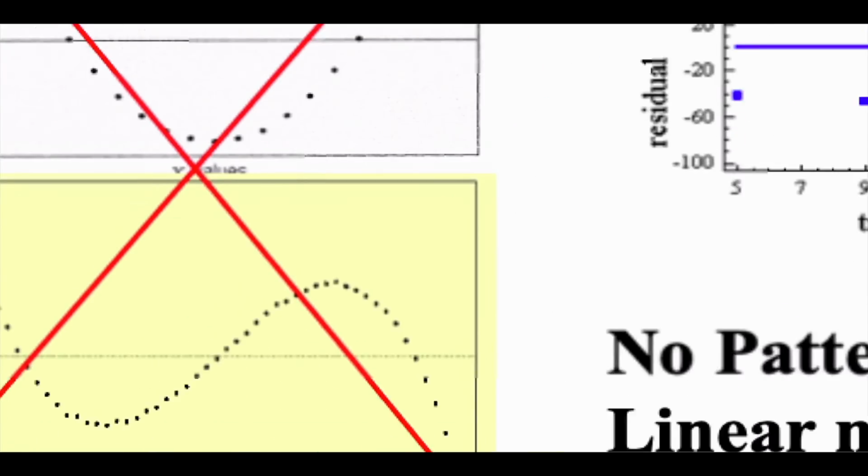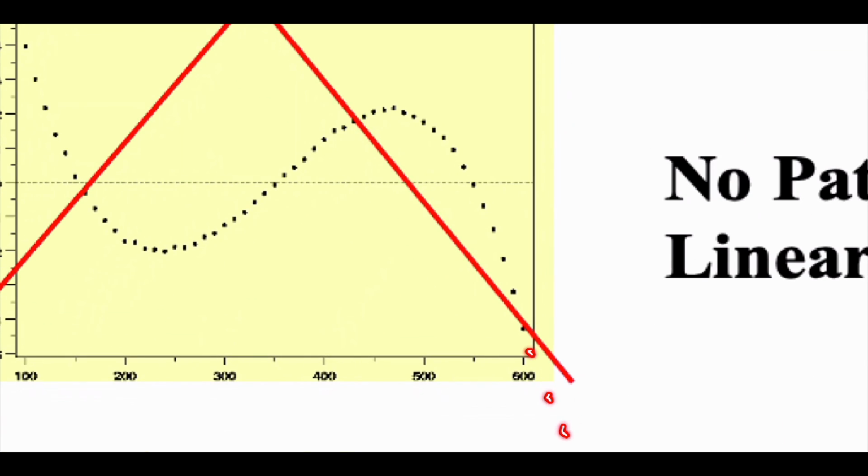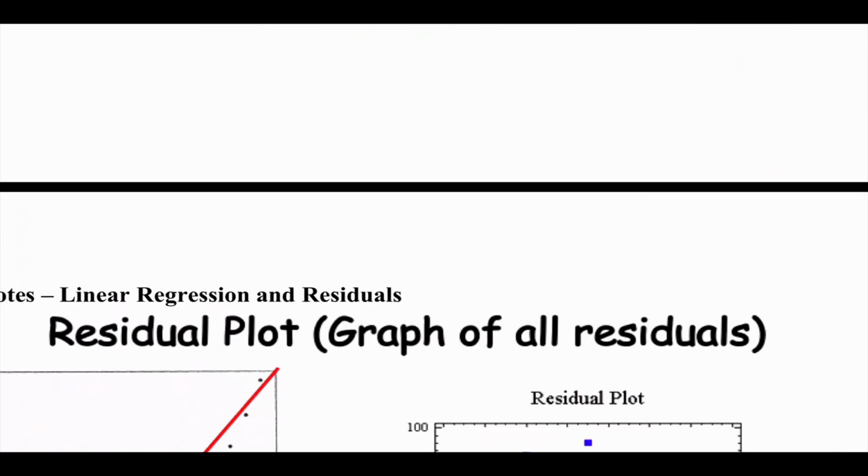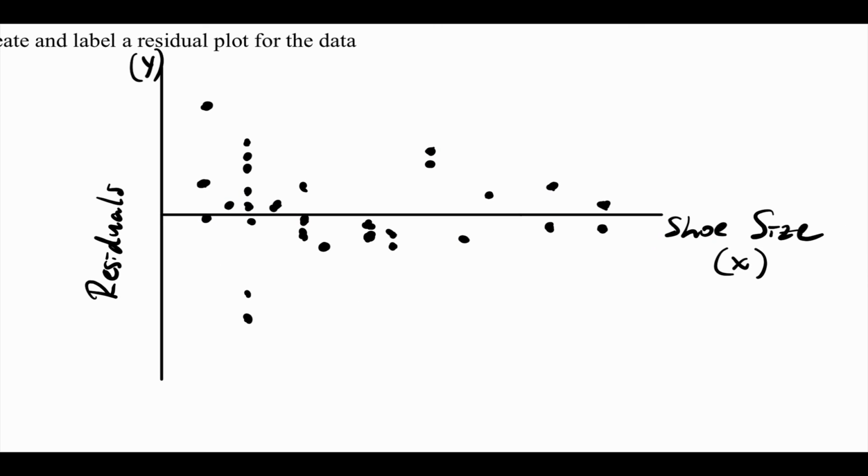Same thing down here. This guy keeps going down, down, down. My errors are just going to get bigger and bigger. That's why it's bad. Okay? We want something that's unpredictable. If I kept going in shoe size, I don't know what would happen to those dots. Getting closer to the residuals is actually good because that means I'm getting better with my prediction.